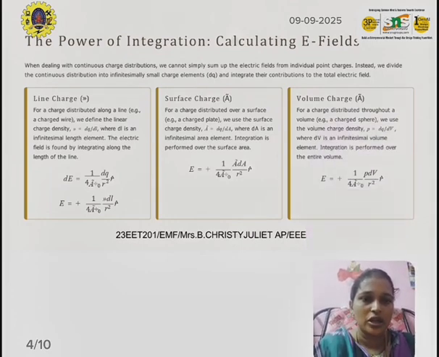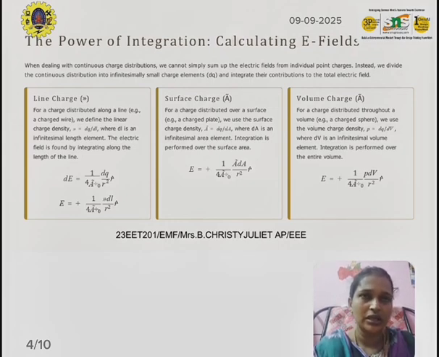So here, for a line charge distribution, we define the linear charge density. We know that for a point charge, you can directly write E is equal to F by Q, since it represents a single charge. But when it comes to continuous charge distribution, we cannot calculate the charge, but we can calculate the charge density.